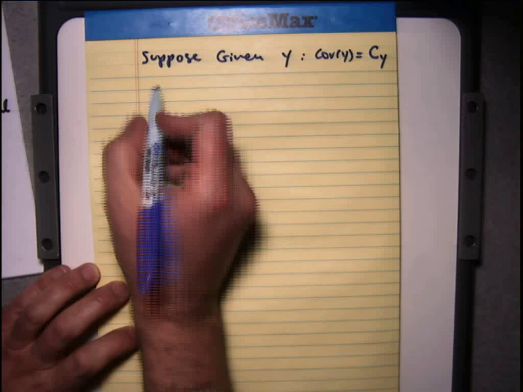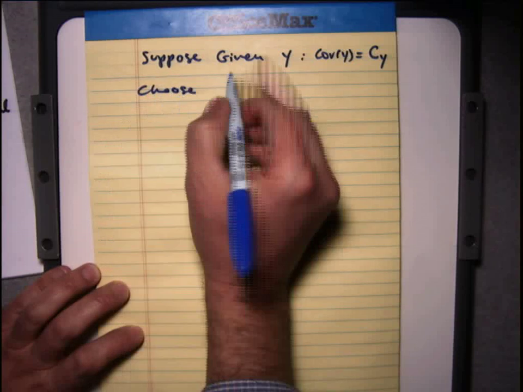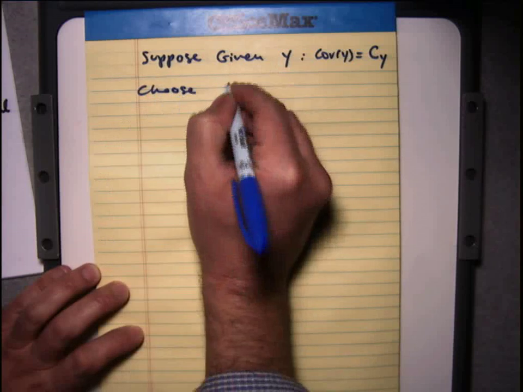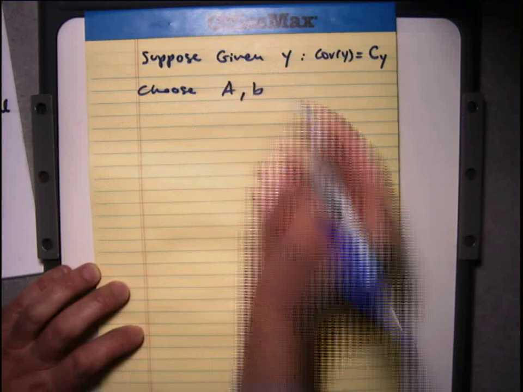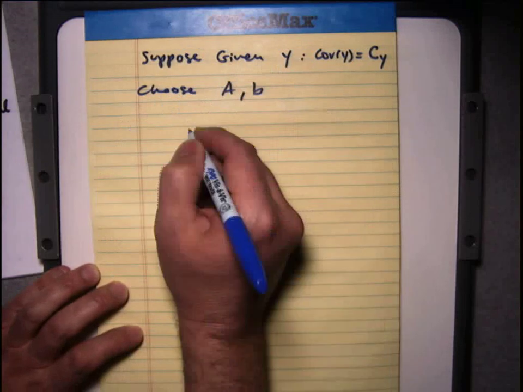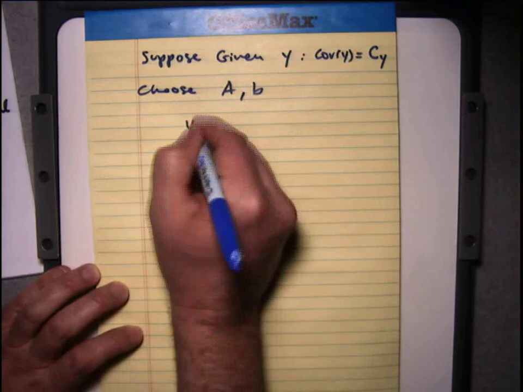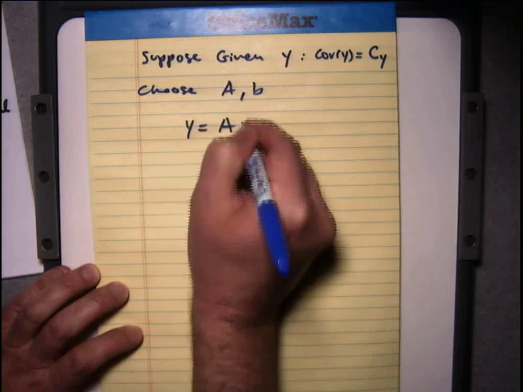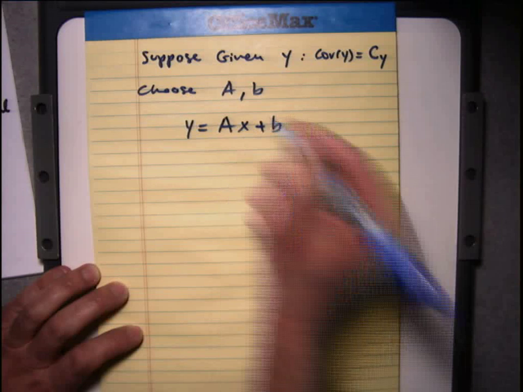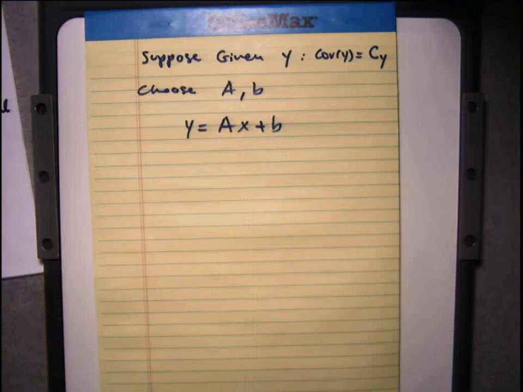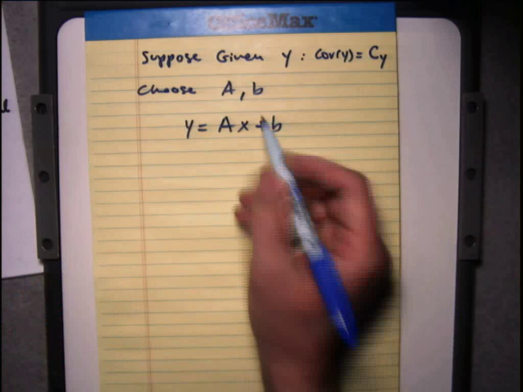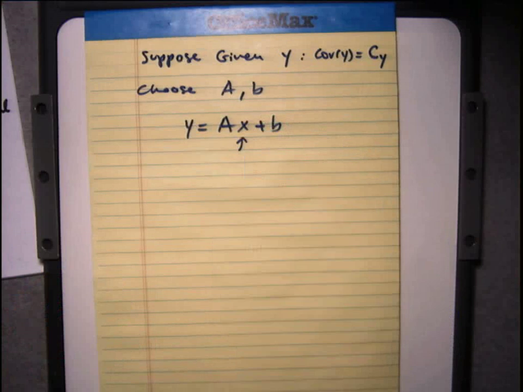Okay? And what you would like to do is to choose a matrix A and a vector b in such a way that y equals Ax plus b would give you a random variable that would have a covariance matrix that is identity.